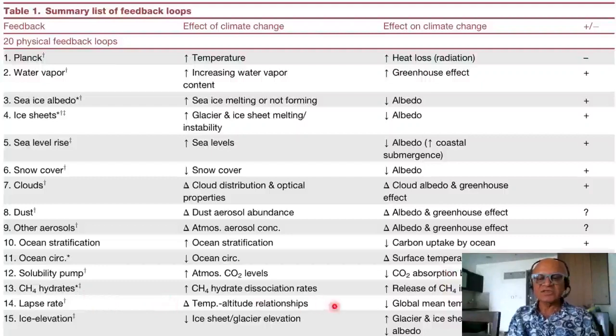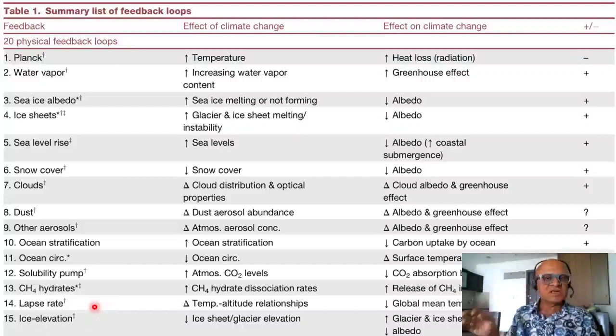Methane hydrates, they can release methane into the atmosphere, can be a positive feedback, but this is something that's not triggered yet, so we have to watch out to see if there is a point at which they become a key player.